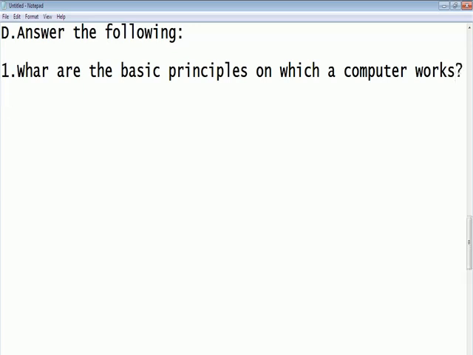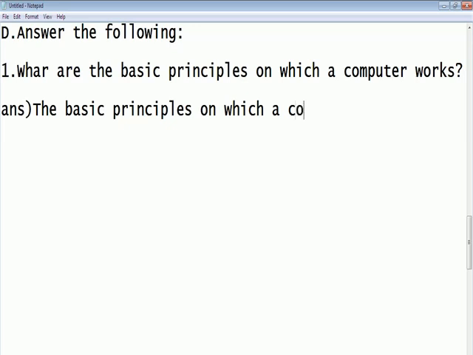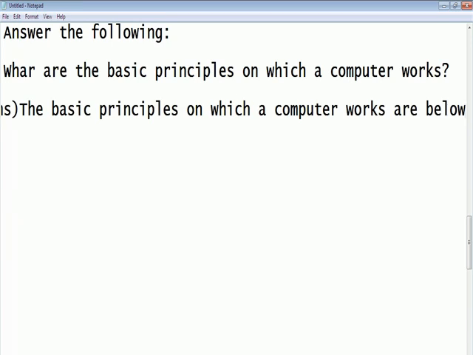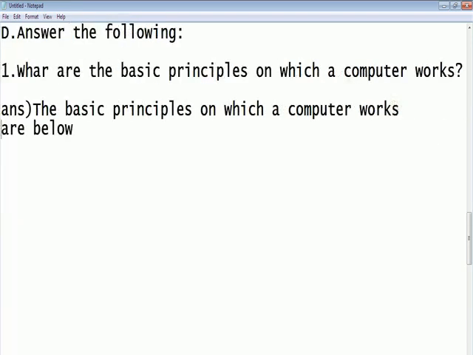Now the answer for this question is, the basic principles on which a computer works are below.